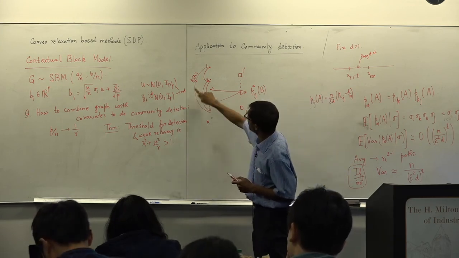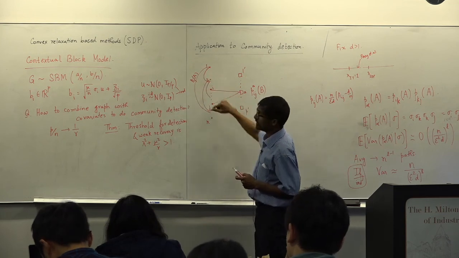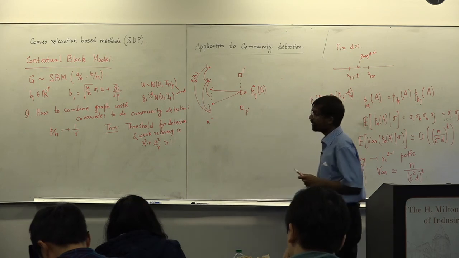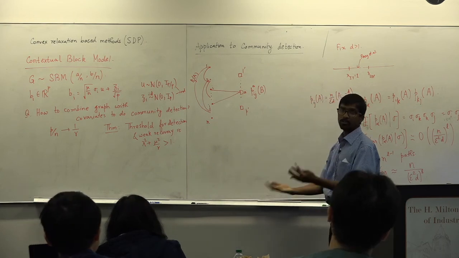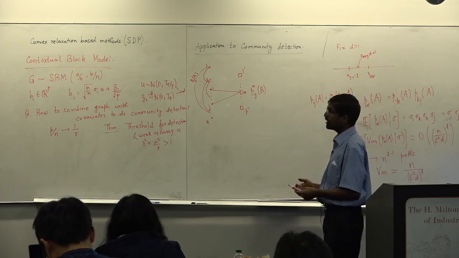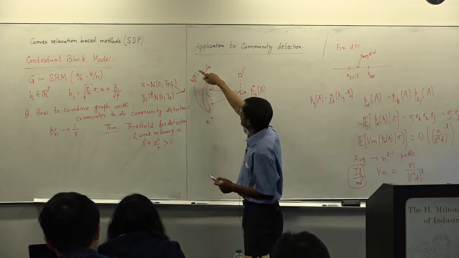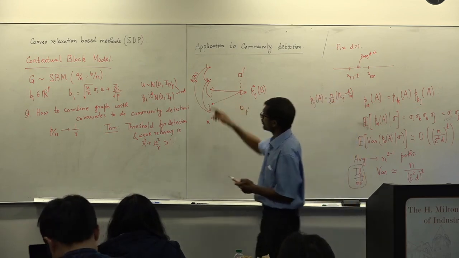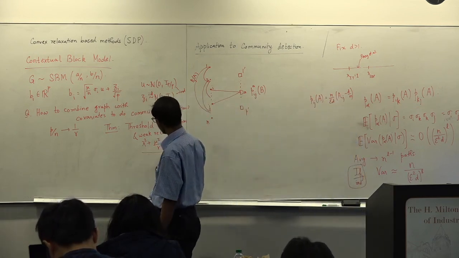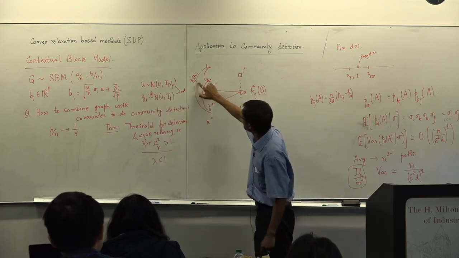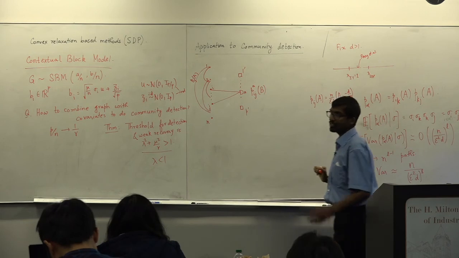I can have edges on the complete graph, edges on the complete bipartite graph, and different mixtures of these two kinds of edges. How should I combine them? I can maybe just restrict myself to edges on the complete graph. Of course you expect that to not work, because if you are in a regime where this is bigger than 1 but lambda itself is less than 1, then if I just take edges from this side, they will be too noisy.